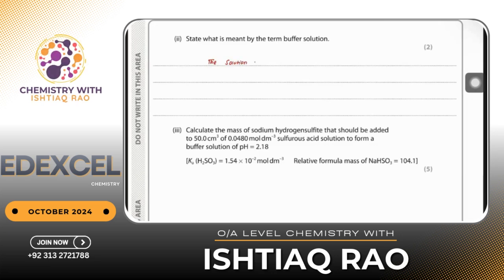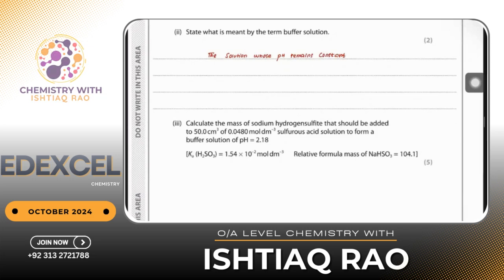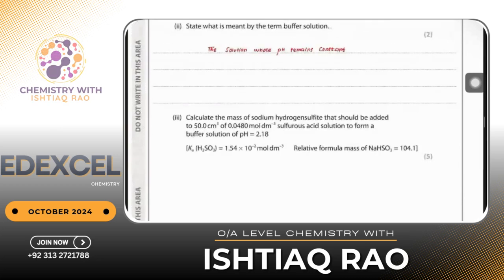The solution whose pH remains constant after adding acid and base.